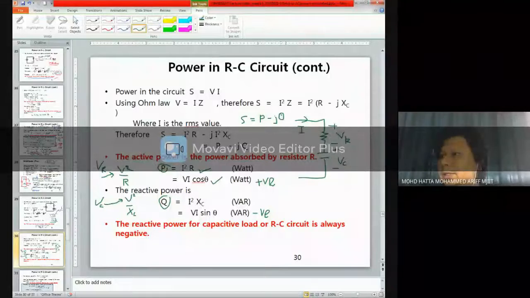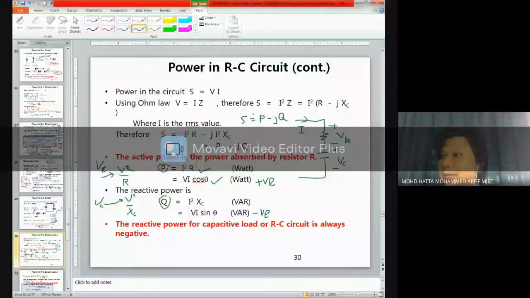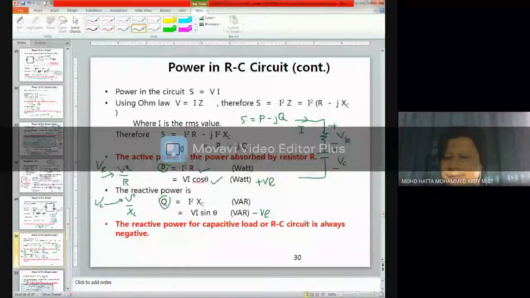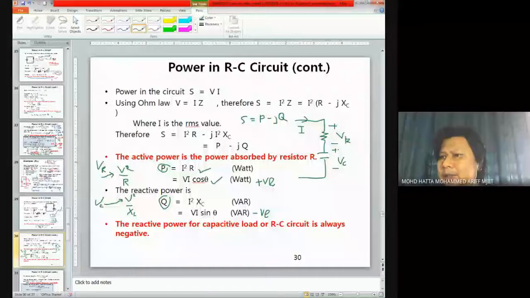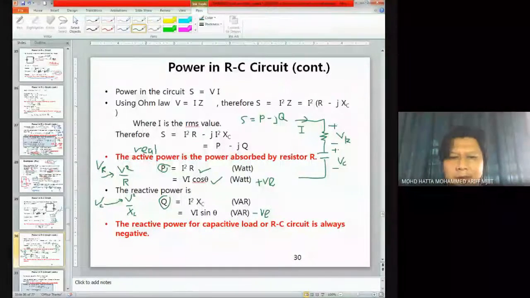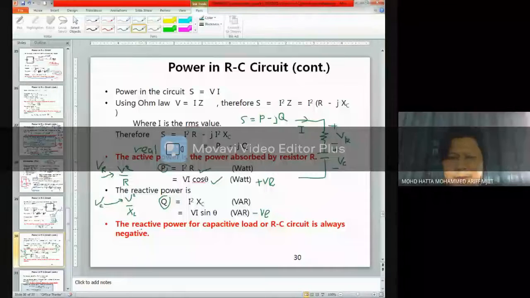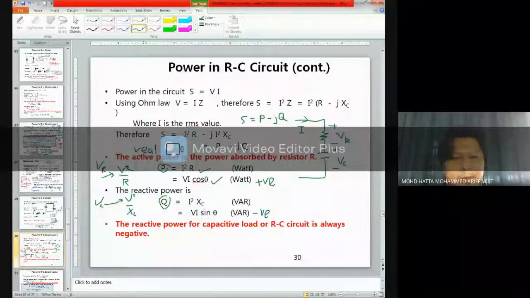And remember that Q will always be the imaginary part, and P always the real part of our complex power. So sometimes this active power is also named as real power, but this reactive power is never known as imaginary power. Normally we will say it like this.